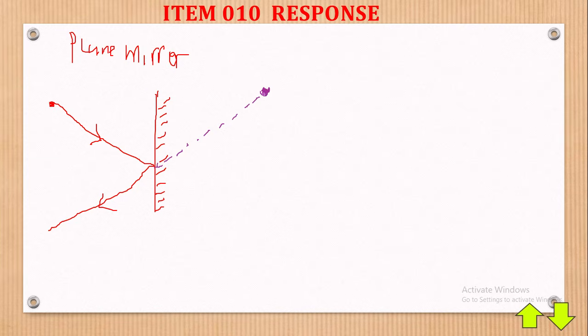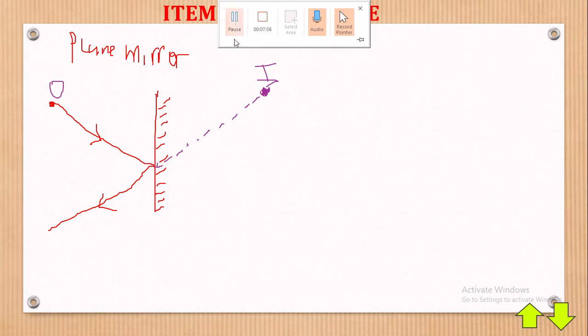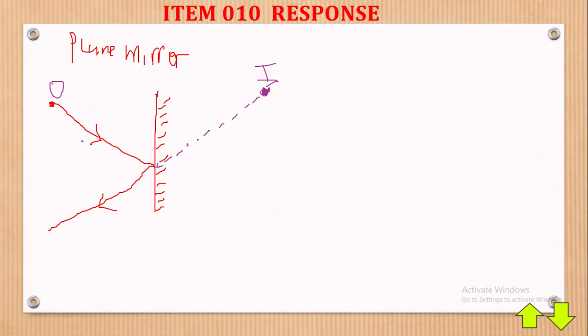Now this becomes the object, and this becomes the image. So that's how the image is formed.